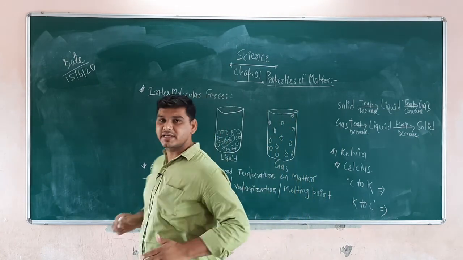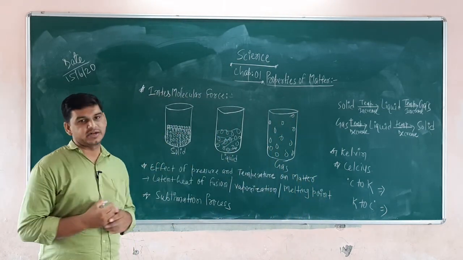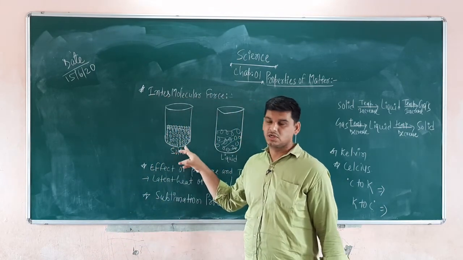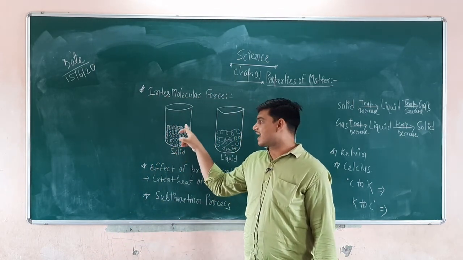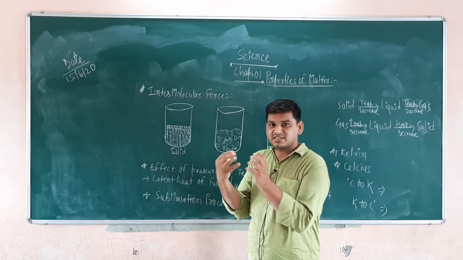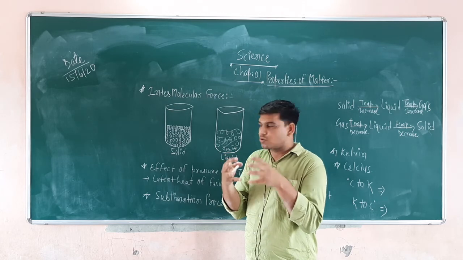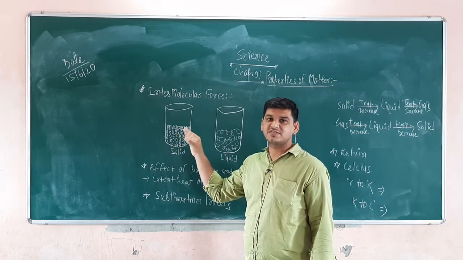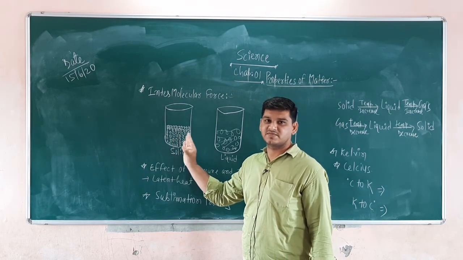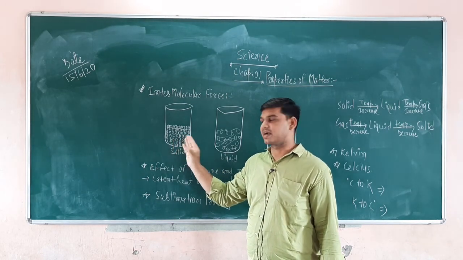So the force is maximum in the solid crystal. The solid substance has crystals which have the maximum force. So in solid the particles are in a specific organized manner, they are very closely bonded to each other, and the force is maximum in the solid crystal particles.